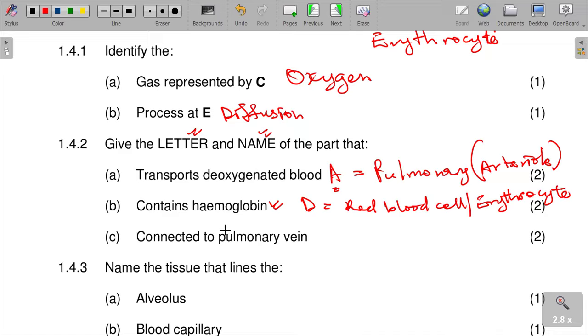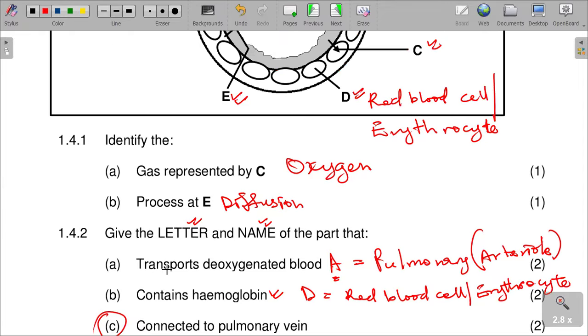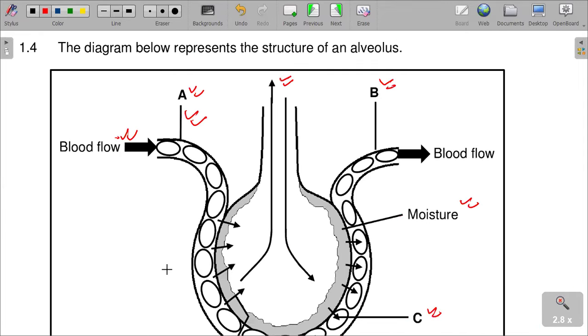And then the letter and name of the part connected to the pulmonary vein. The pulmonary vein is actually connected to the venule, or we can say the pulmonary venule. We have to look to see which letter it is. It is letter B, class.